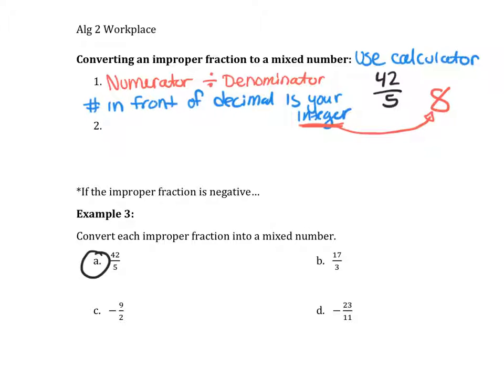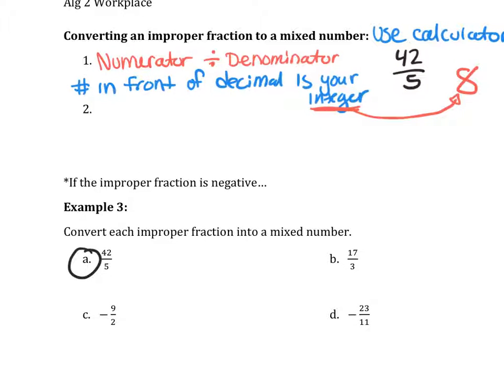Now we just need to figure out how to get the fraction part of the mixed number. So to do that, you take your integer that you just got and multiply it by your denominator.